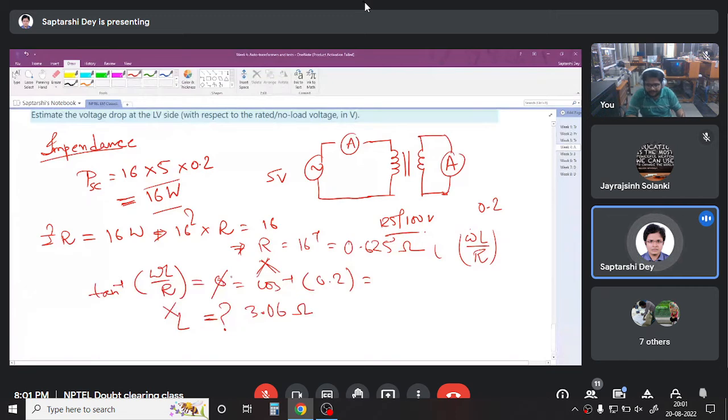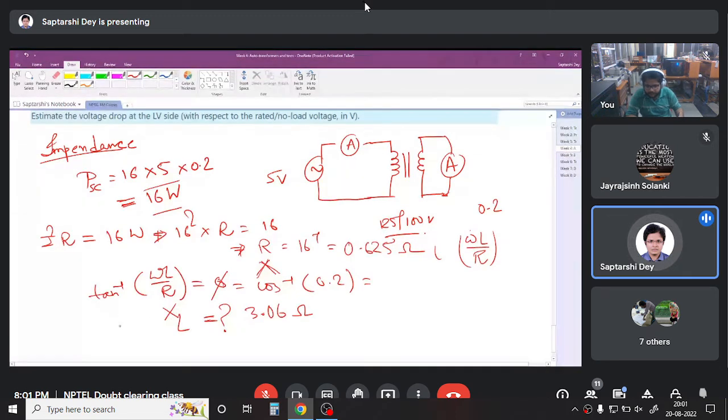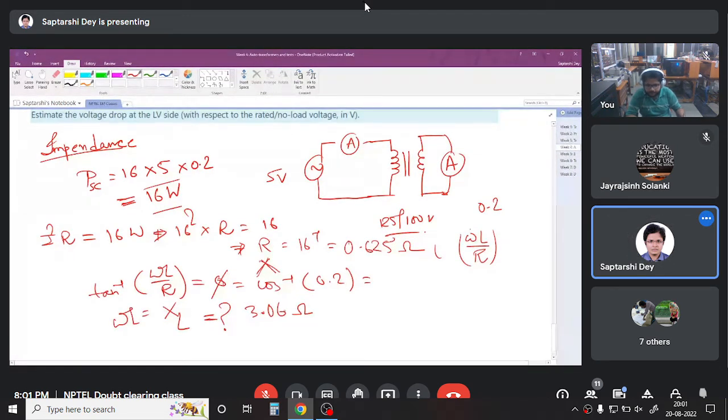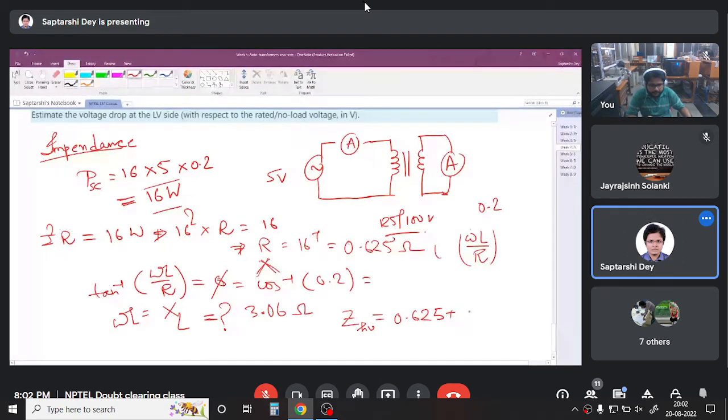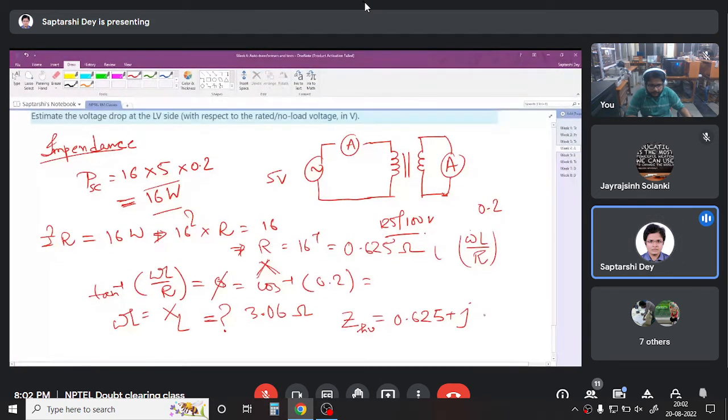We need not know L. XL, which is nothing but omega L. So when referred from the primary side or the high voltage side, the impedance as seen from the high voltage side is 0.625 plus j 3.06 ohm. This is it.